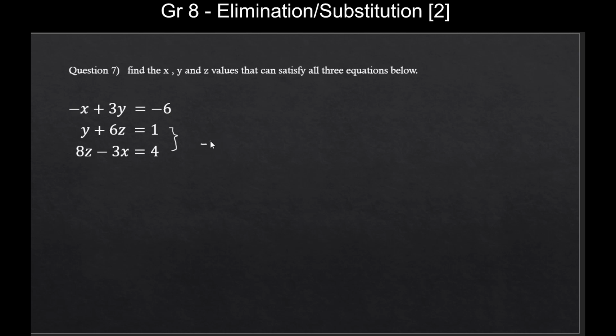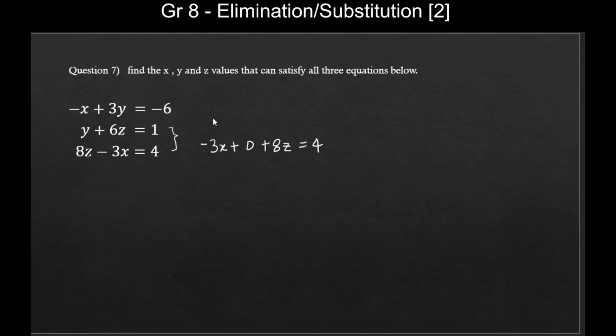So minus 3x plus, because we have y value missing here, so I'll put 0 where the y value was supposed to be, plus 8z is equal to 4. So we just reorder them, okay?